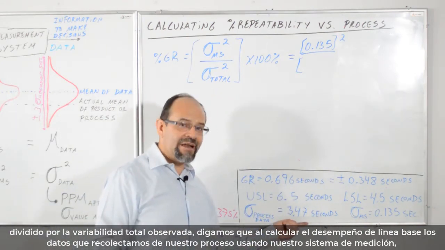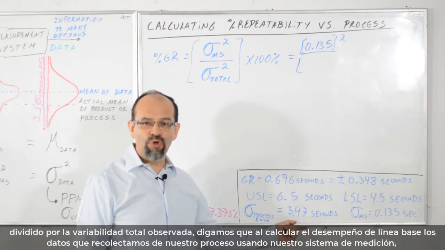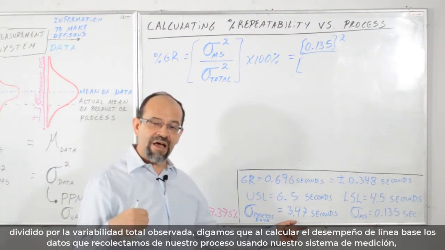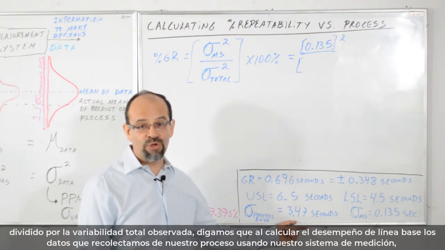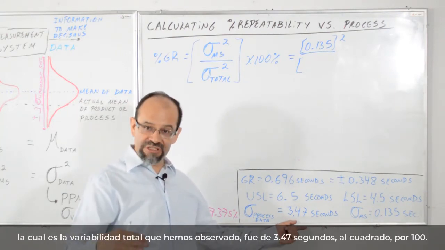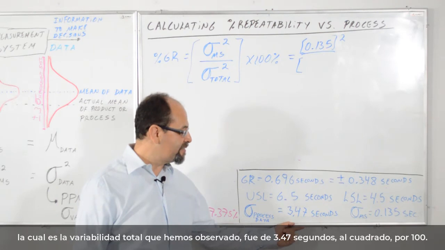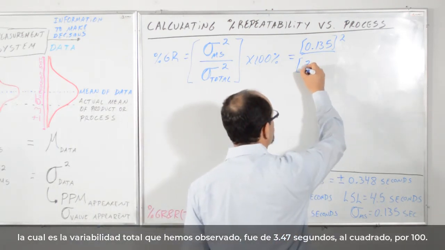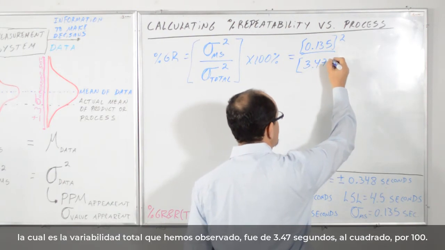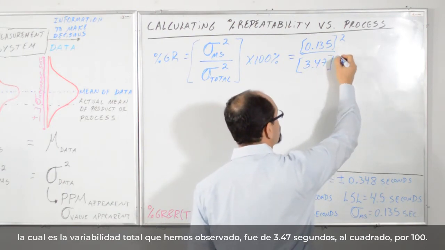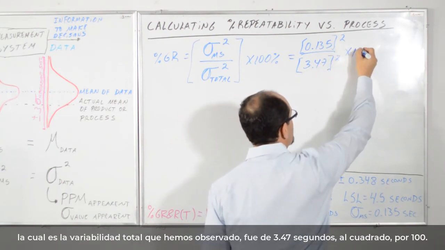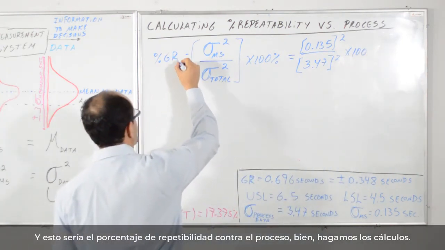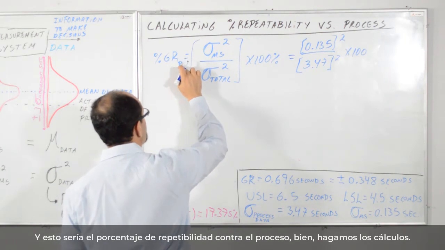Let me say that while doing our baseline performance, the data that we collected from our process and measured using our measurement system, the total variability that we have observed, is 3.47 seconds. So 3.47 seconds square times 100, and that will be the percentage of repeatability against process.